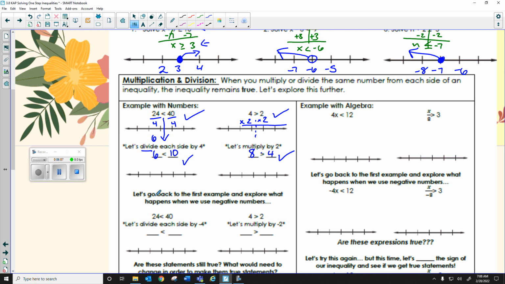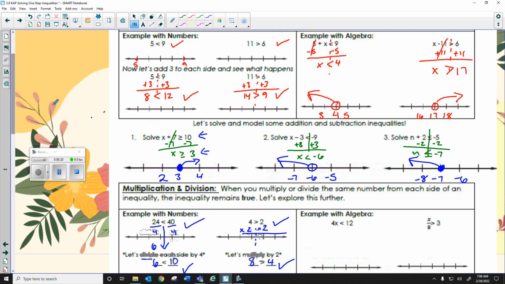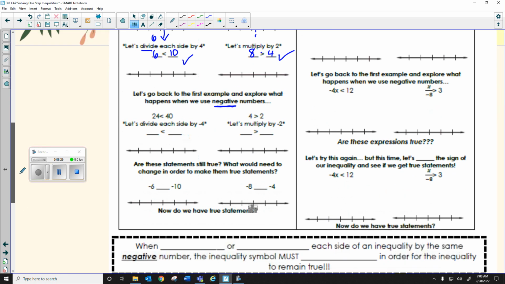It says let's go back to the first examples and explore what happens if we use negative numbers, starting with those same inequalities as before. We had negatives up here in addition and subtraction, and we were fine up here, but let's look at multiplication.